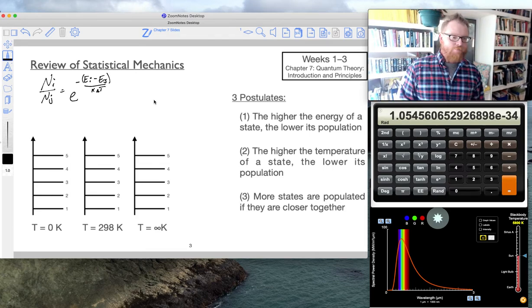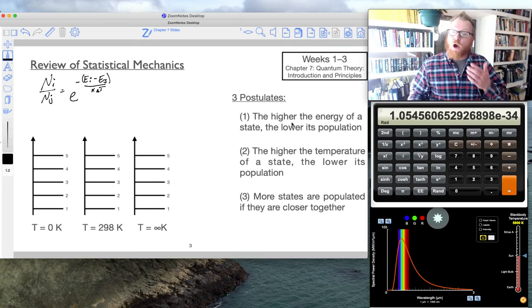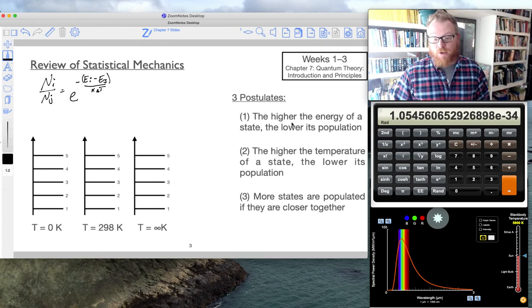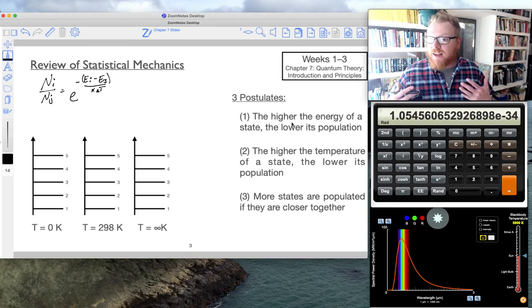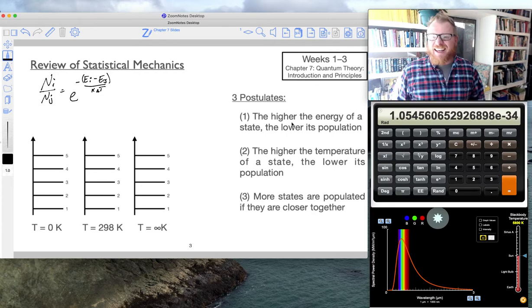So if we remember here, the higher the energy of a state, the lower its population. For the electronic states, everything is in the ground state because it's such a high energy state, there's not enough energy at room temperature to populate an upper-lying electronic state.